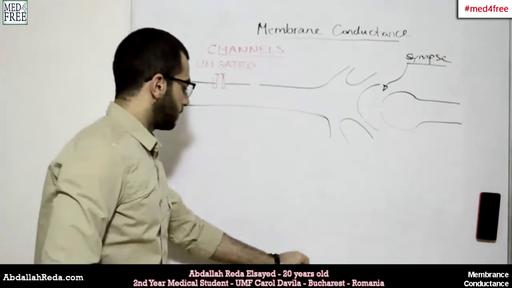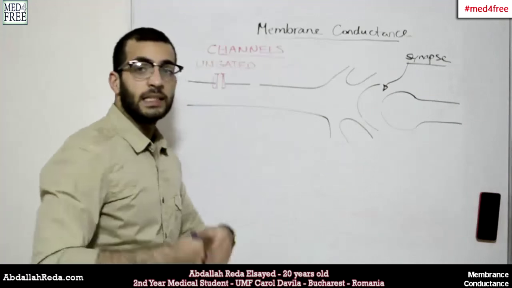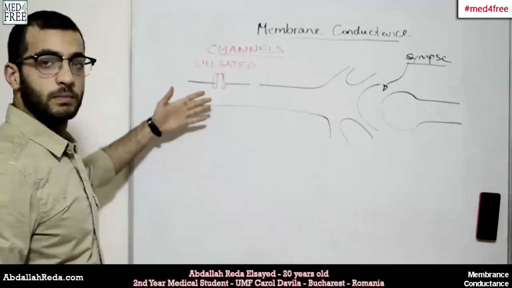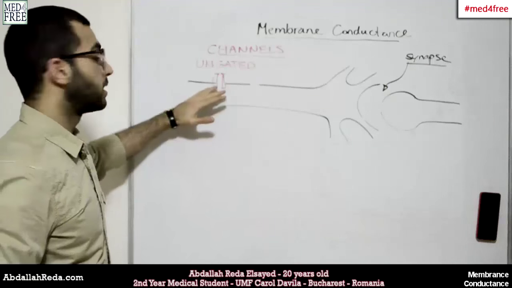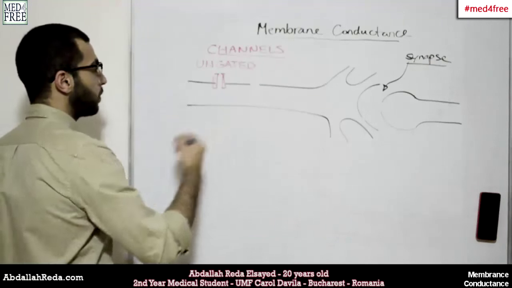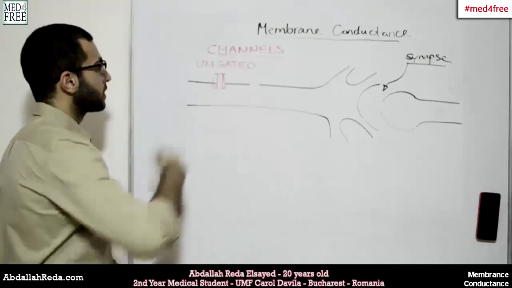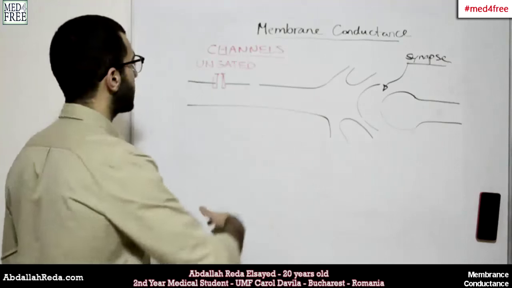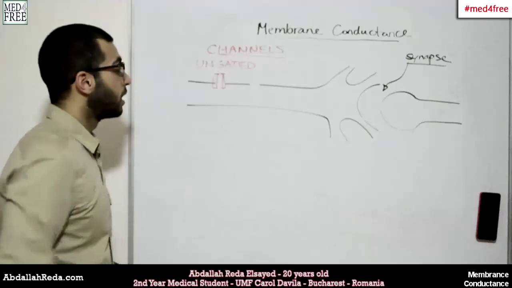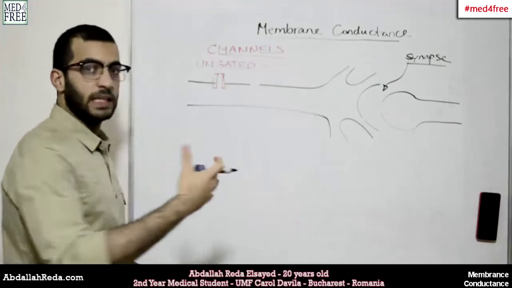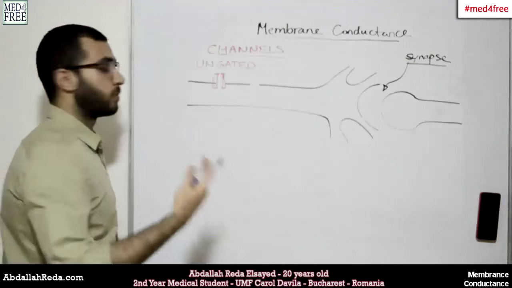Ungated means that it's an open channel. There's no gate on this channel. An example for such kind of channels are potassium leakage channels. From the name, it's called the leakage channel, it's always leaking potassium.